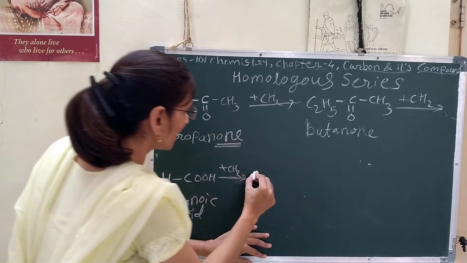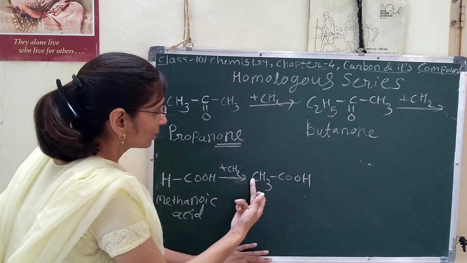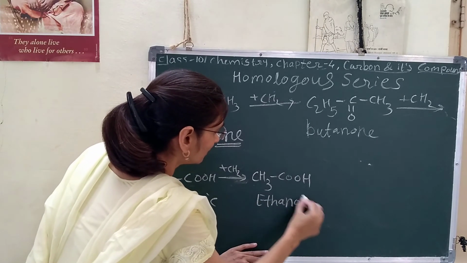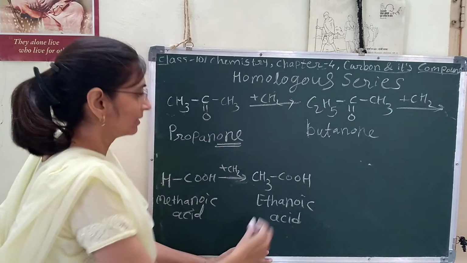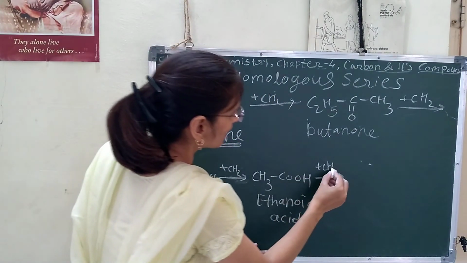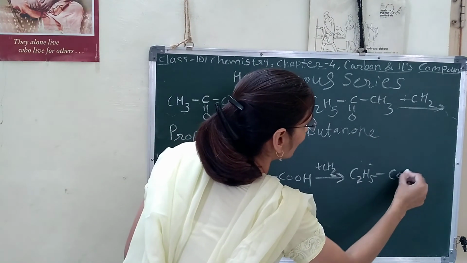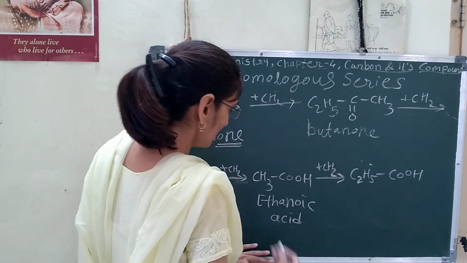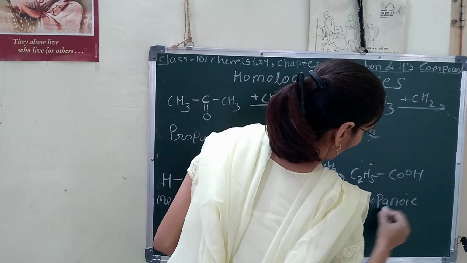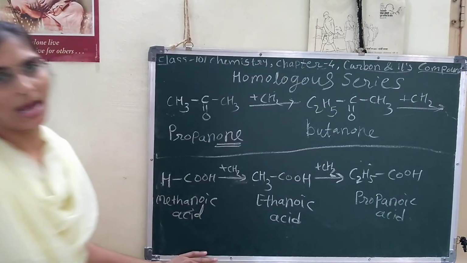CH2 plus H, CH3COOH. The total number is 2 carbon atoms, so ethanoic acid. Again, I will add one CH2: CH3 plus CH2, C2H5COOH. The total number is 3, that's why it will be propanoic acid. Thus the series will form for the acid functional group also.